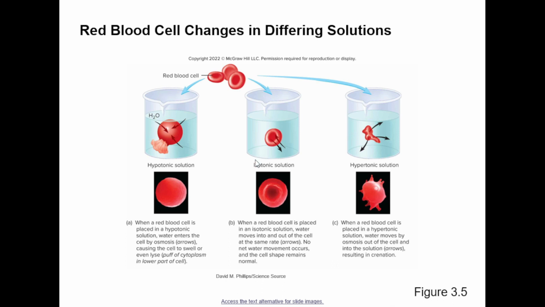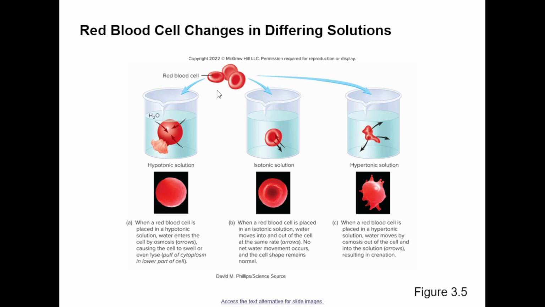So putting the three together, this is what happens. We have here an isotonic solution, a hypotonic solution, and a hypertonic solution. So in the isotonic solution, when a red blood cell is placed inside the isotonic water, there will be a balance of movement. No? Water just moves in and out of the cell in similar rate. So there will be no affectation to the cell. It will remain normal.